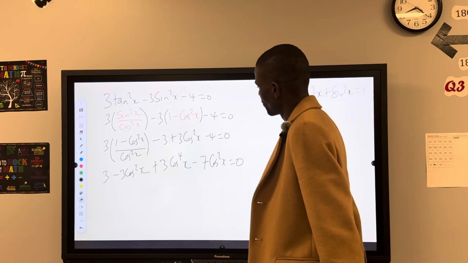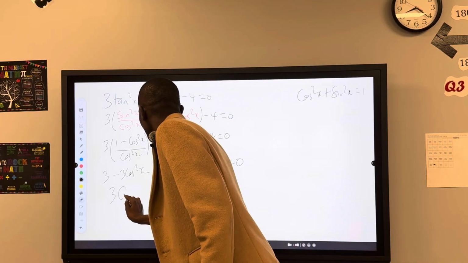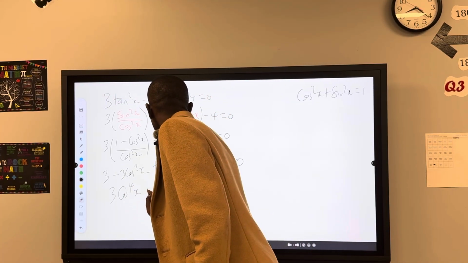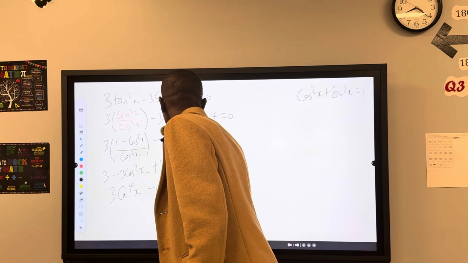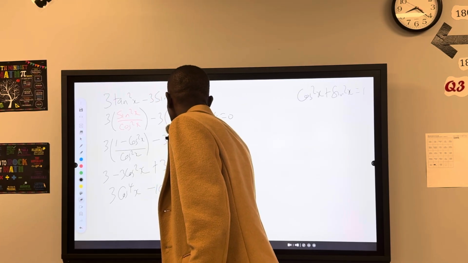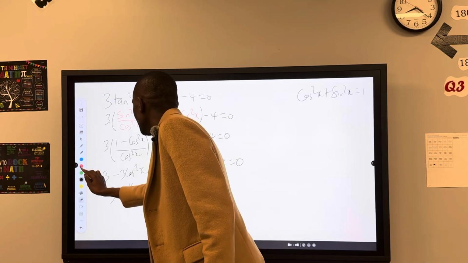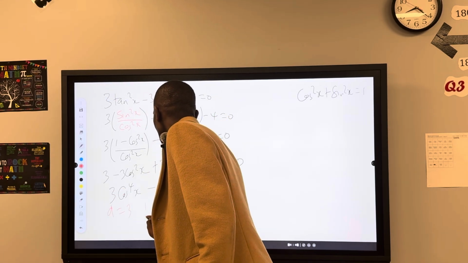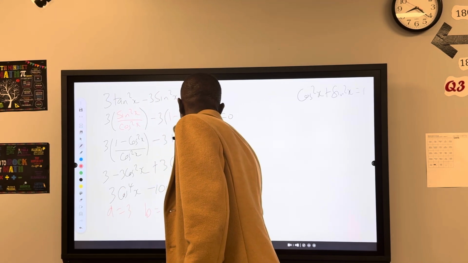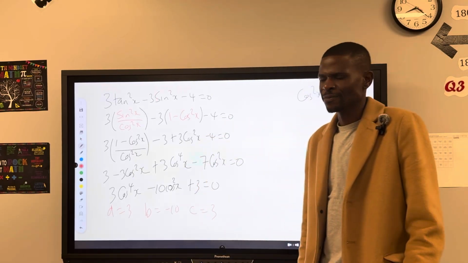Then when I group, we have 3 cos to the fourth of x minus 10 cos squared x plus 3 equal to 0. And here we see that a is 3, b is negative 10, and c is 3.